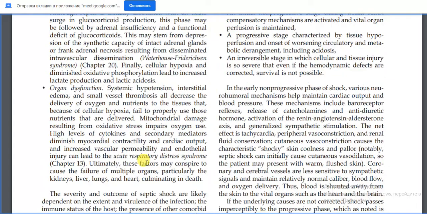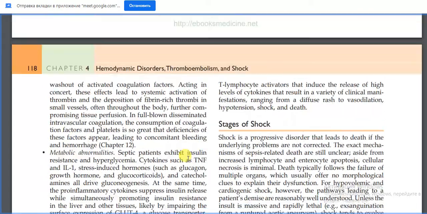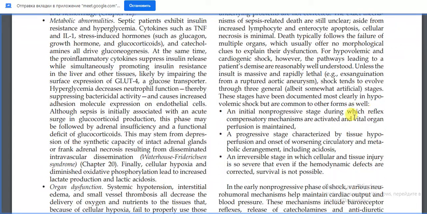Okay, I hope you know it. Stages of shock. Any shock has an initial non-progressive stage during which reflex compensatory mechanisms are activated and vital organ perfusion is maintained. It seems like everything is normal, but some clinical manifestations have started. Then the progressive stage, characterized by tissue hypoperfusion and onset of worsening circulatory and metabolic derangements, including acidosis.